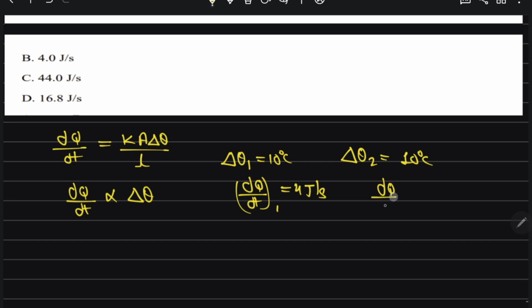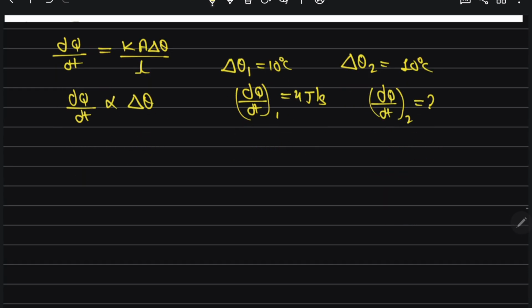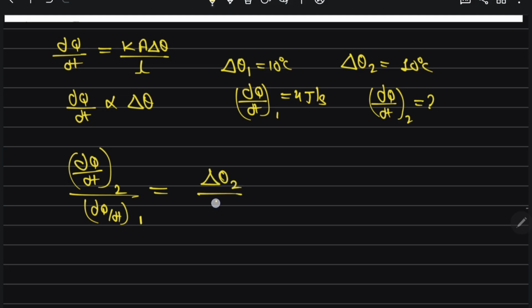So dQ by dt for the second, this also remains constant: dQ by dt for second upon dQ by dt for first, that is 4, equals delta theta 2 upon delta theta 1, which is equal to 1.